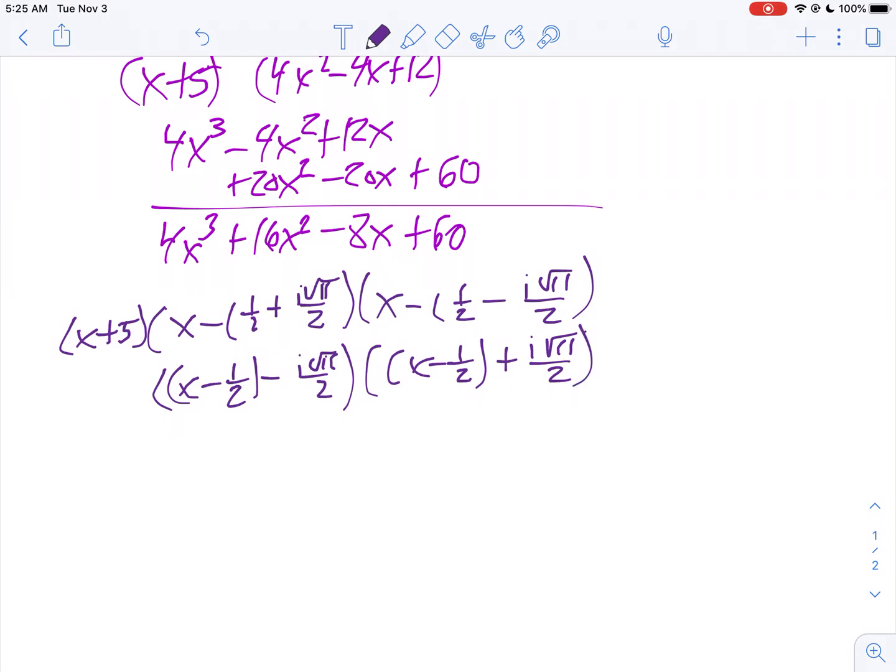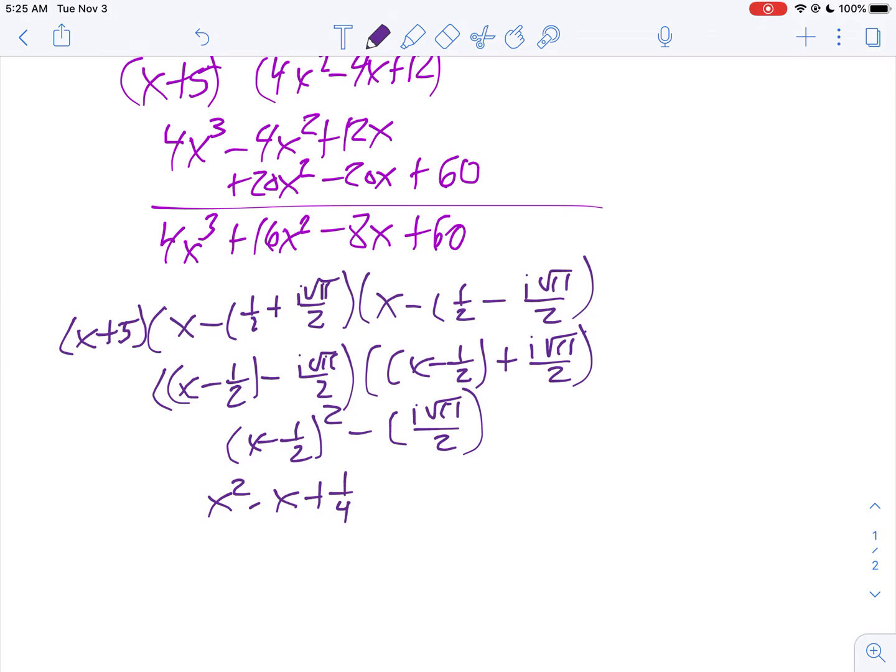Well, I'll multiply those together, so I'm going to get x minus 1/2 squared, because it's a difference of squares now, minus i square root of 11 over 2 squared. Well, x minus 1/2 squared is going to be x squared minus x plus 1/4.